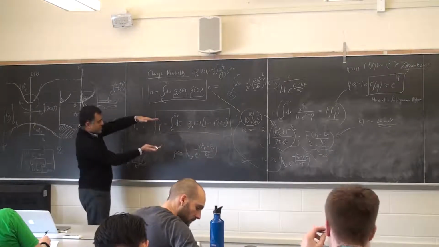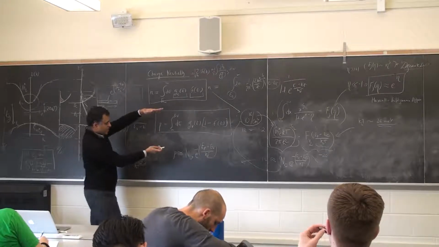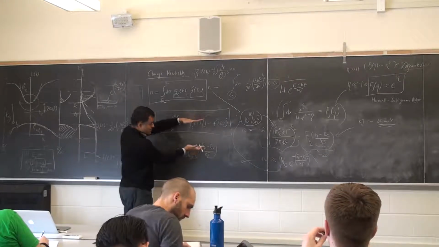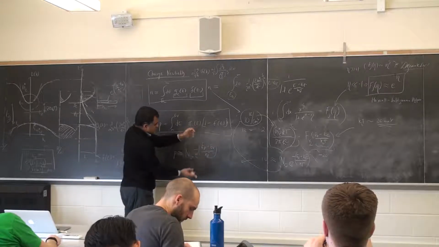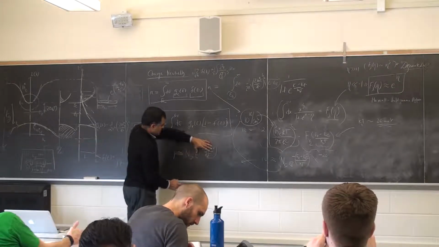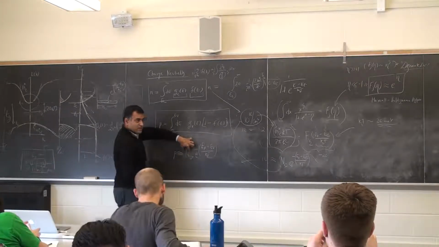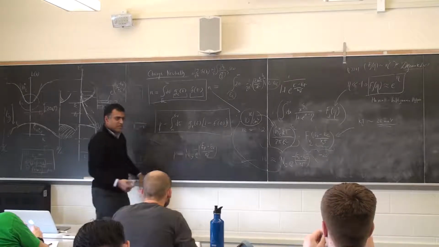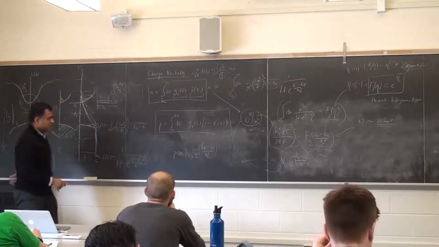If EF is far away from the valence band edge, you get fewer holes, so it exponentially decays. As the Fermi level goes closer to the valence band and merges with it, this becomes e to the power 0, and you get the valence band density, also of the order of 10 to the power 18 or 10 to the power 19 per centimeter cube.